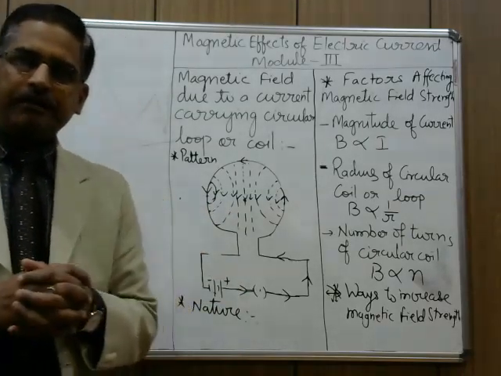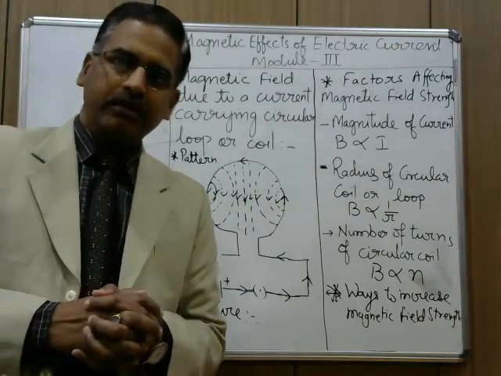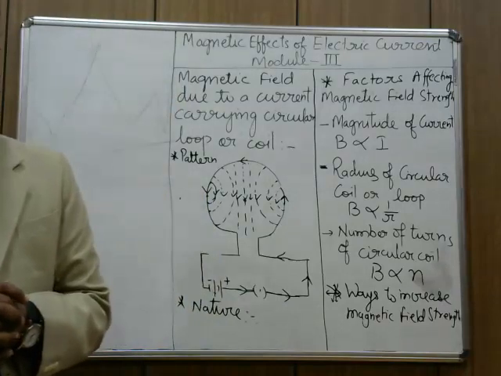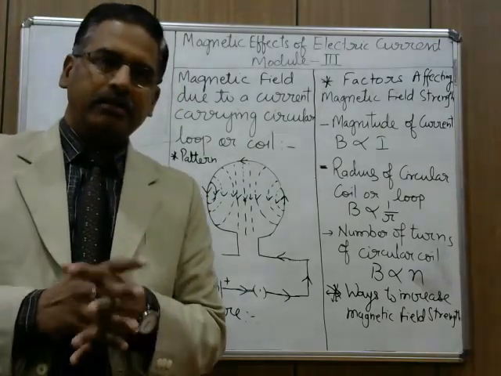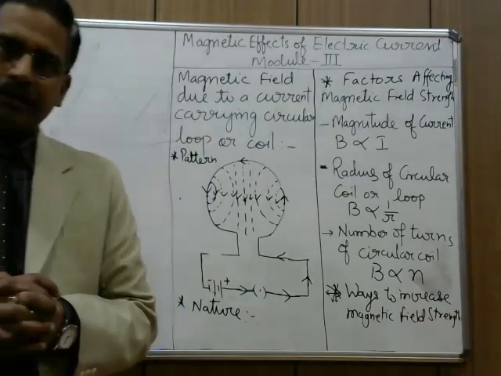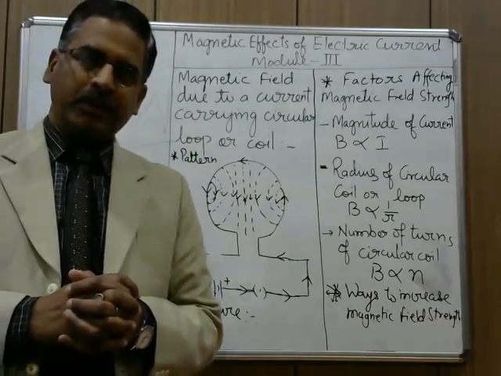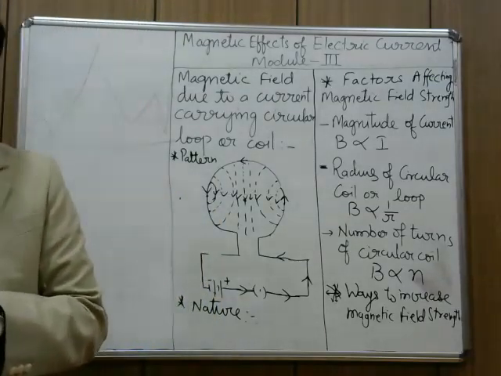The magnetic field lines are circular near the circular coil and straight parallel lines at the center of circular loop or coil, and inside the circular loop or coil their direction is the same.